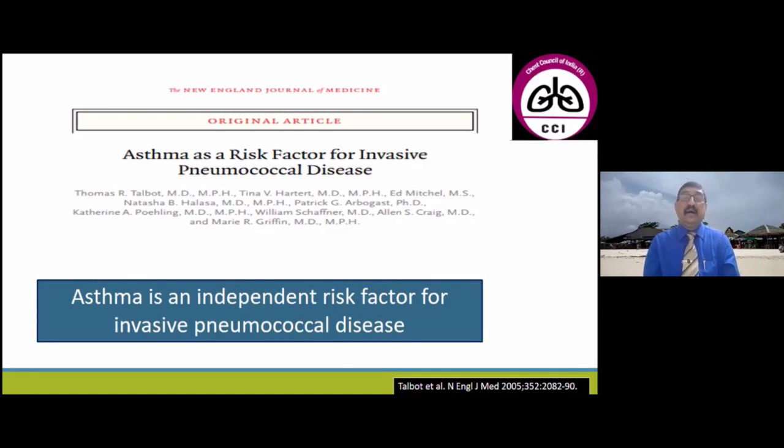However, in chronic persistent asthma, those with a fixed airway obstruction or widespread fibrosis, those patients may lead to COPD, and they may require a pneumococcal vaccination. So asthma is not a direct risk factor for invasive pneumococcal disease, but it is an independent risk factor for it.